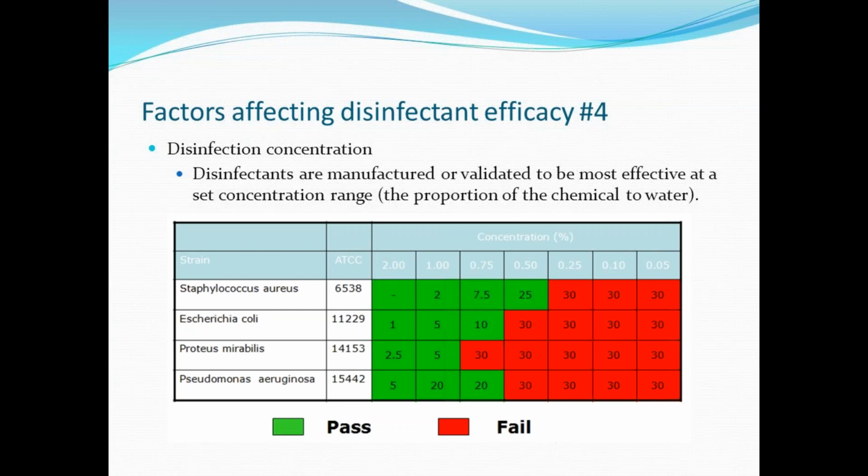So clearly errors will lead to microbial survivors, and it just gives an idea of how sometimes the point of failure and the point of passing can be quite close to each other.